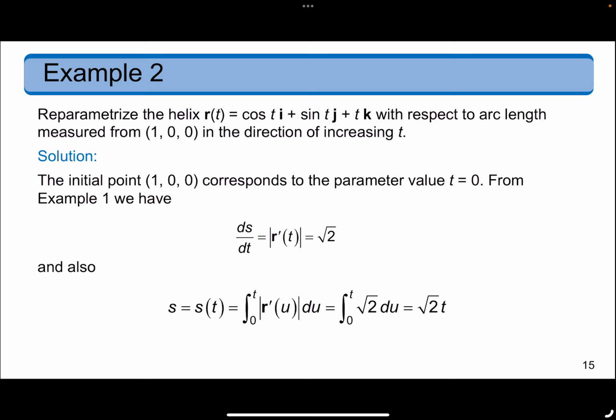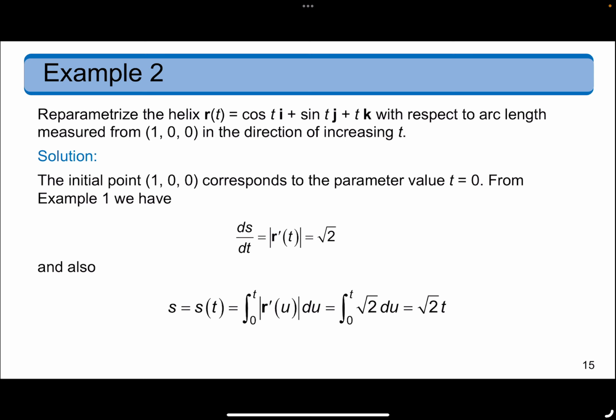Reparametrize the helix r is equal to cosine t i plus sine t j plus t k with respect to the arc length measured from (1, 0, 0) in the direction of increasing t. So we have the initial point (1, 0, 0): x is 1, y is 0, and z is 0.